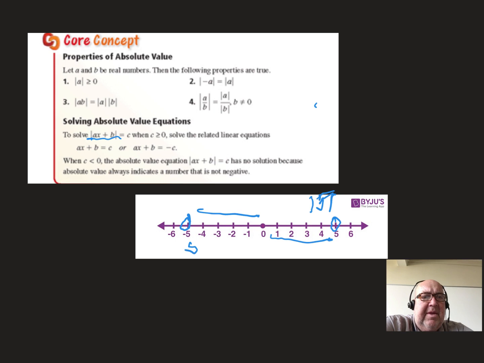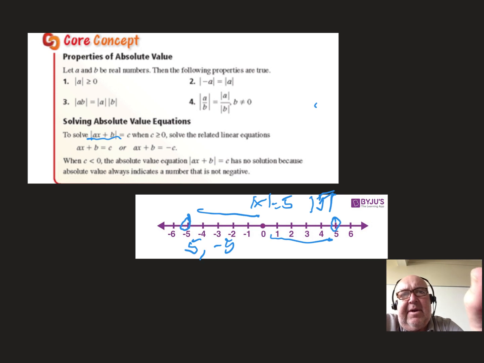So 5 and negative 5 both make that equation true. Alright, going on.